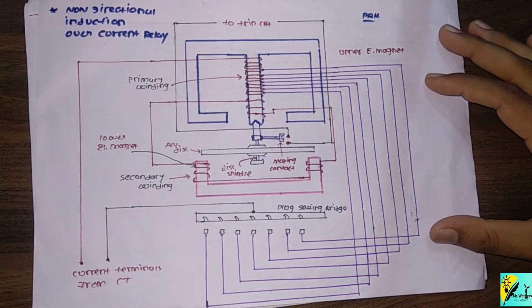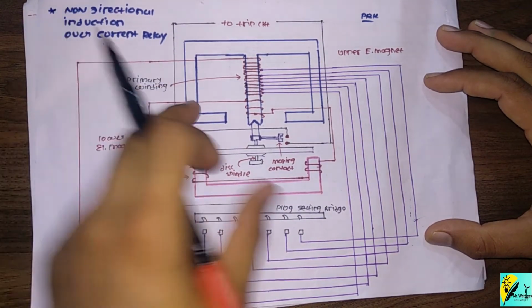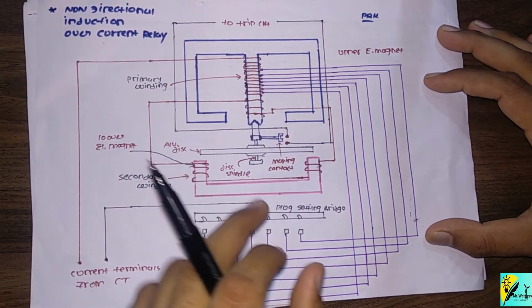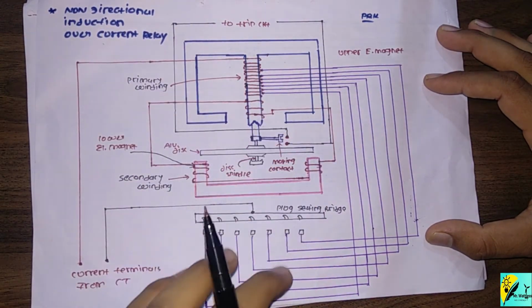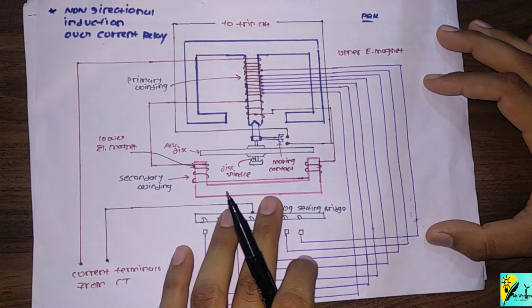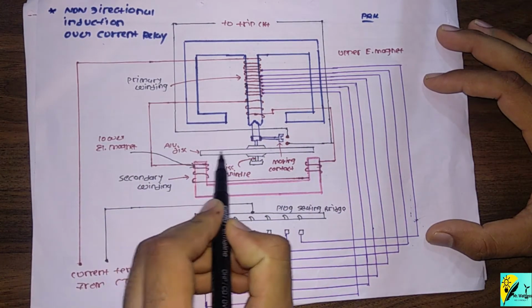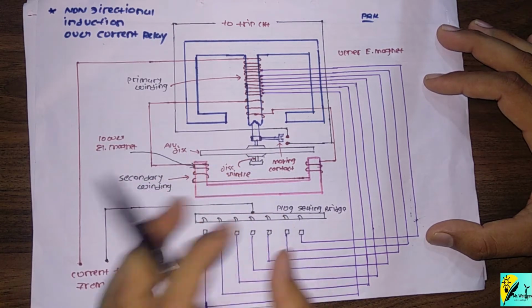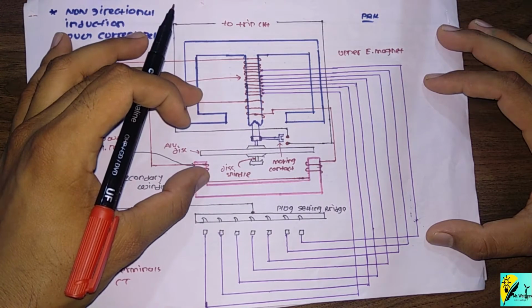It consists of two magnets, as you can observe here. The upper magnet is an E-shaped magnet, while the lower magnet is a U-shaped magnet. The aluminum disc is free to rotate between these two electromagnets, E-shaped and U-shaped.